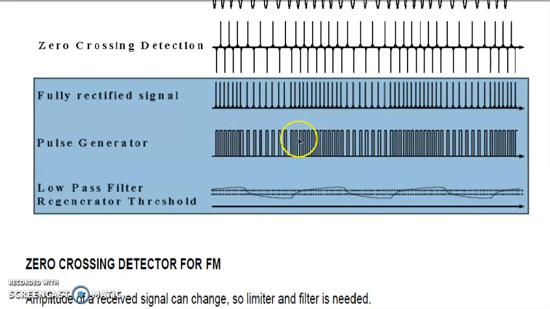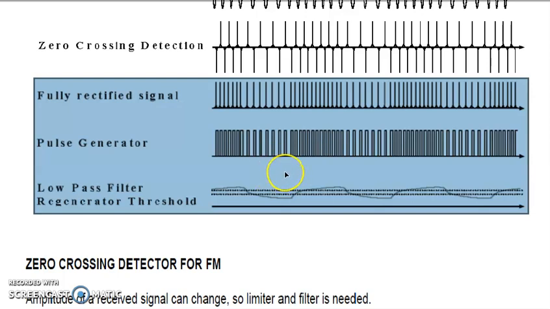So what we can watch is that where the number of ones or high signals is greater, there we are getting thicker pulses. Now, these counts of pulses are directly proportional to the frequency of the modulated signal.